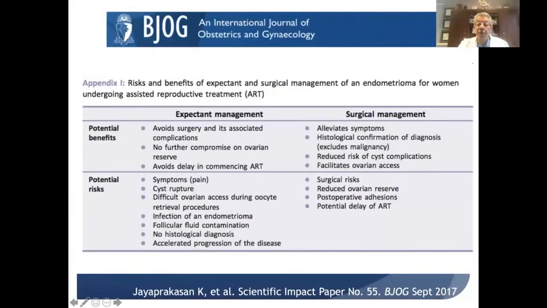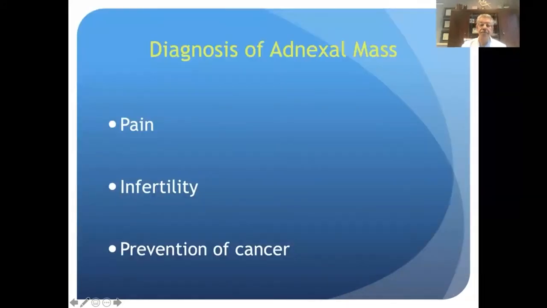But if I focus on the potential risk of surgical management, I would like to emphasize that it is very operator dependent, regarding preserving the ovarian function or avoiding trauma to the ovary, etc. Usually, adnexal masses are diagnosed in patients on evaluation for pain, infertility, or on screening for prevention of ovarian cancer.